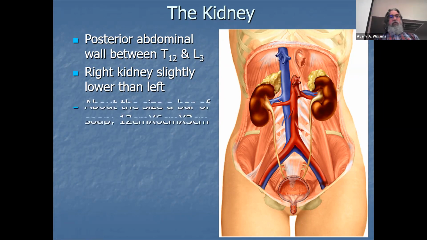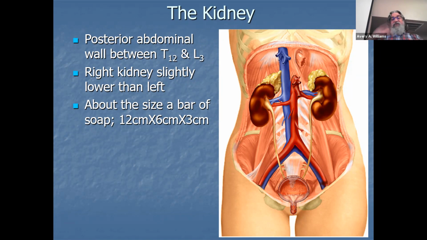But anyway, that's normal. How big are the kidneys? The shape and size of kidneys varies a little bit from one, well, actually a lot. I mean, you look like all kinds of animals, but even within mammals, it's different. But the human kidney is not really big. I say, oh, it's about the size of a bar of soap.